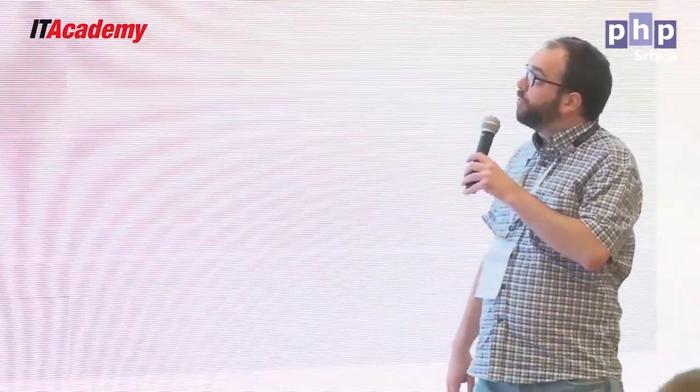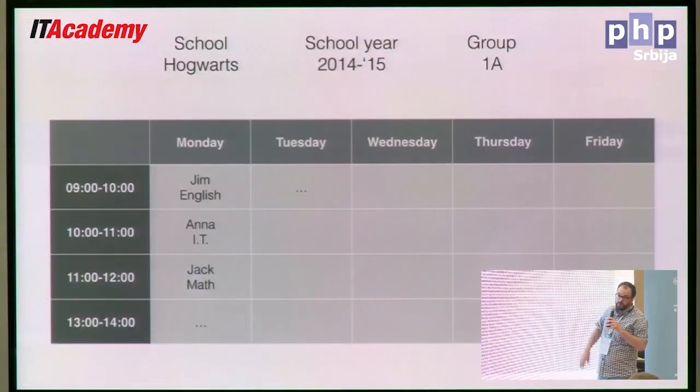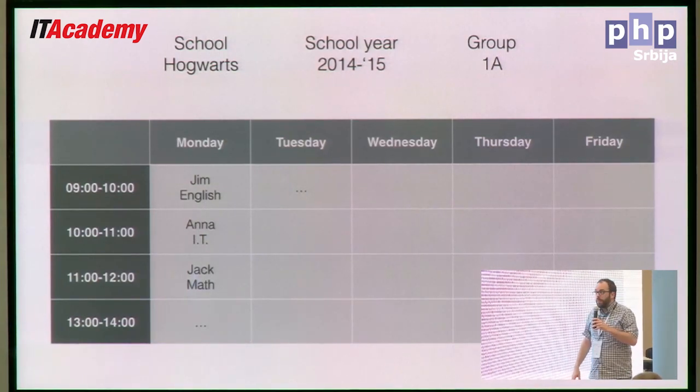And of course, this is going to be contrasted to things that we are not going to compare by value, and that will have some additional identity on top of that. So let's go to Hogwarts. This is the lesson schedule for the year 2014-15.